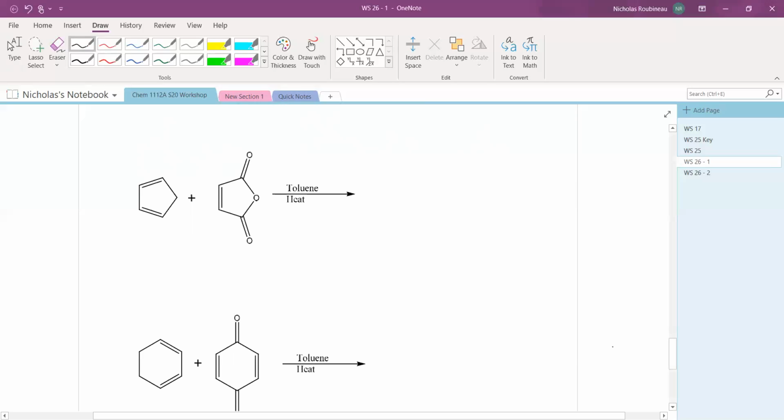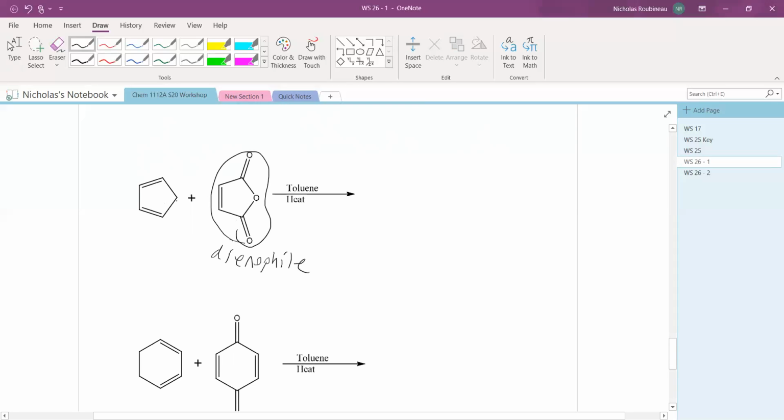And then I don't know if you went over the terminology, but this thing on the right is a dienophile. I might be spelling it wrong, but that's the term for it.